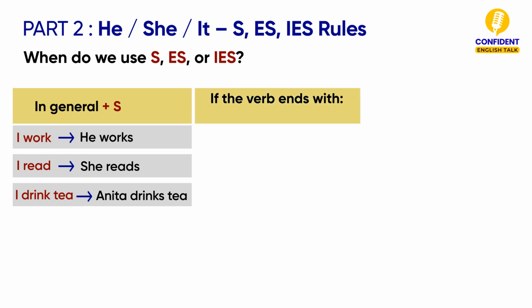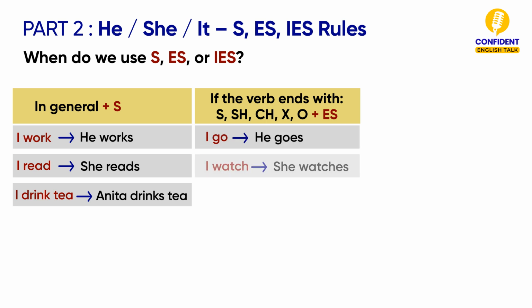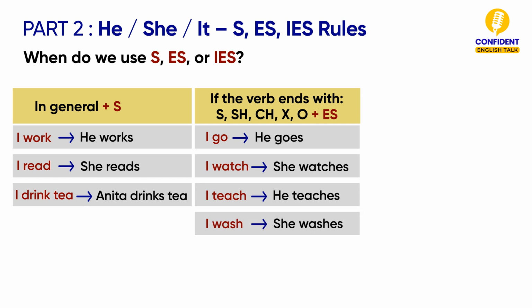If the verb ends with S, SH, CH, X, O, then add ES. Examples: I go. He goes. I watch. She watches. I teach. He teaches. I wash. She washes. I fix. He fixes. Remember, with S, SH, CH, X, O, add ES to the verb.